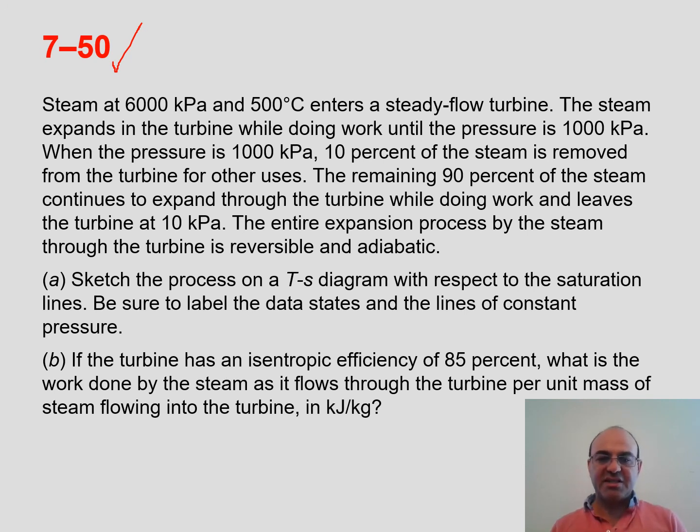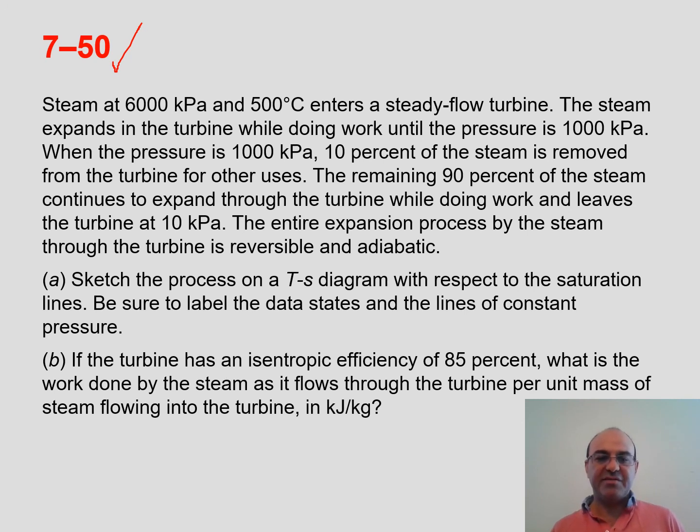Sketch the process on a TS diagram with respect to the saturation lines. Be sure to label the data states and the lines of constant pressure. So in part A, we want to sketch the process on a TS diagram.